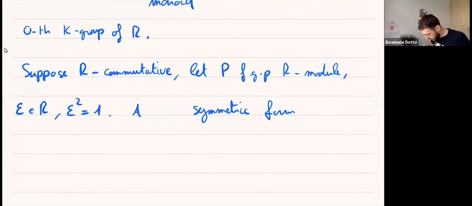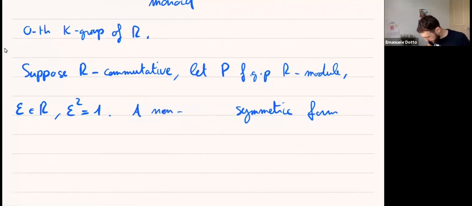Let's say symmetric, and also non-degenerate. And maybe we should say epsilon-symmetric, although I'm going to try not to mention this epsilon too much.